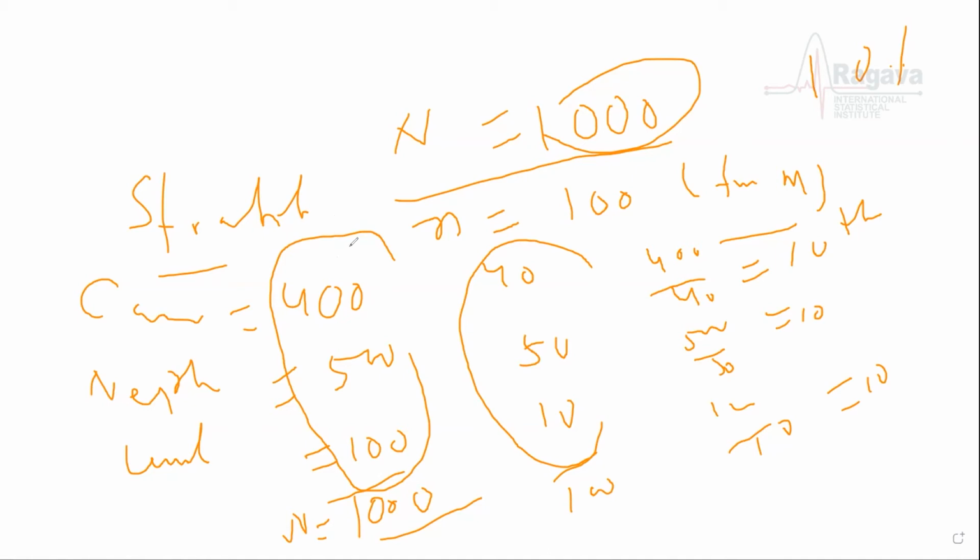This is for population, this is for sample. Then use either systematic or simple random sampling. From this, we are able to know the exact sample.